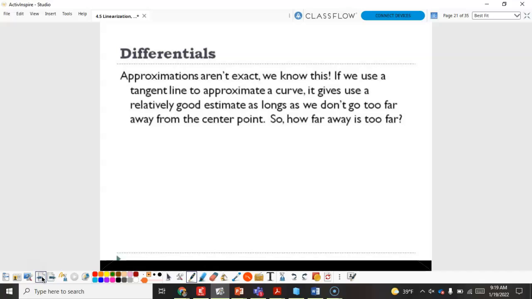Differentials is a small part of linearization, and differential equations in calculus is actually a whole class. It's what her brother calls Calc 4. It's called linearization, but it's Calc 4.